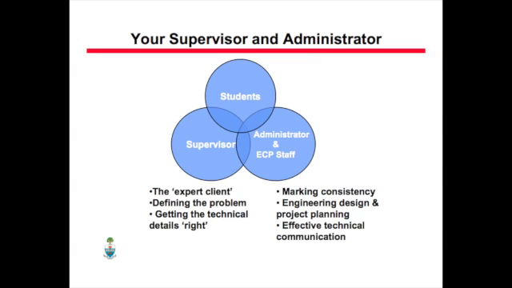They know the area, they're experts in their area of research, so they can give you suggestions on what might be a very innovative project and provide you with the resources. Your administrator is focused more on the process that you are taking. And the process is just as important as the goal.